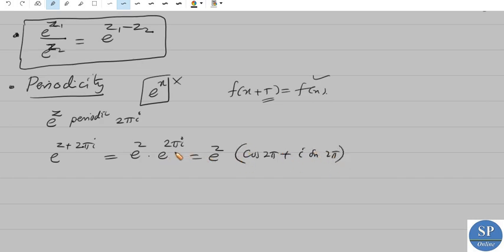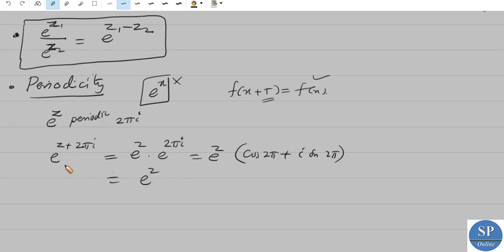Okay, നമുക്കറിയാം e power iy is nothing but cos y plus i sin y, so we can write like this, which is equal to e power z into, cos 2 pi is 1, sin 2 pi is 0, so 1 plus 0, that is 1, so this is equal to e power z.